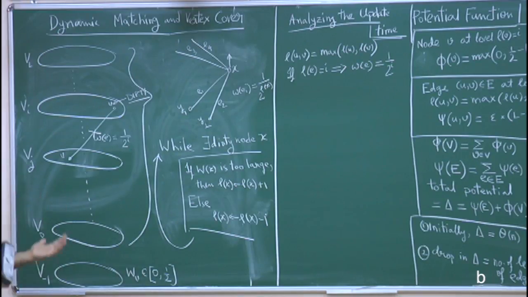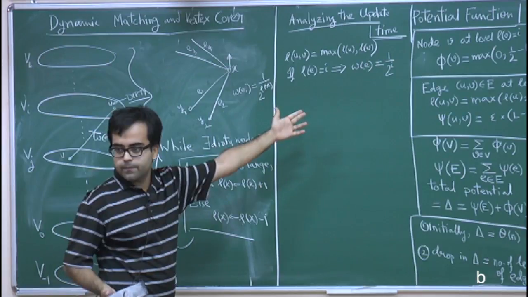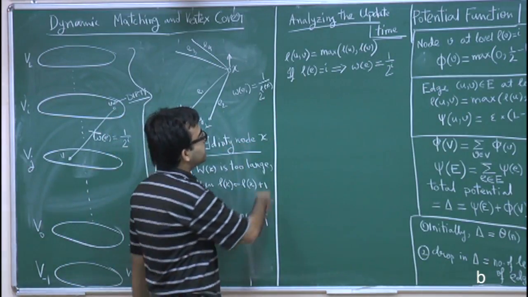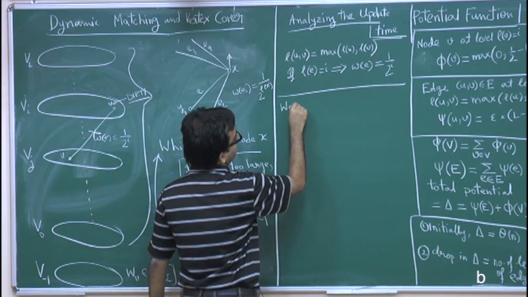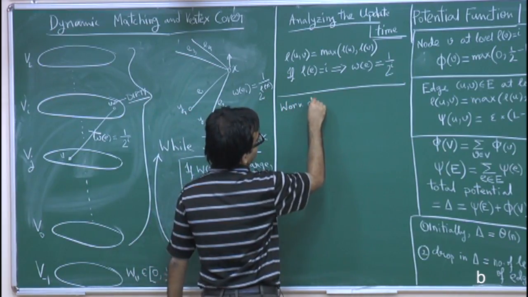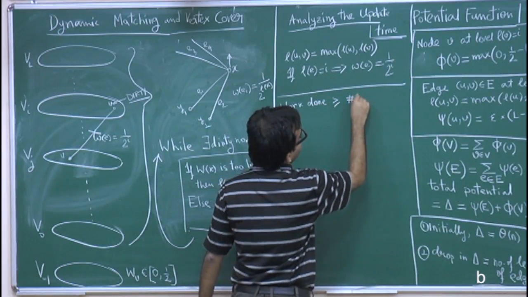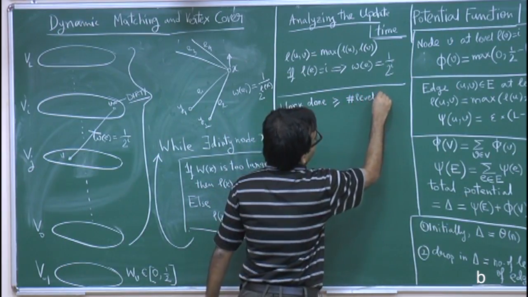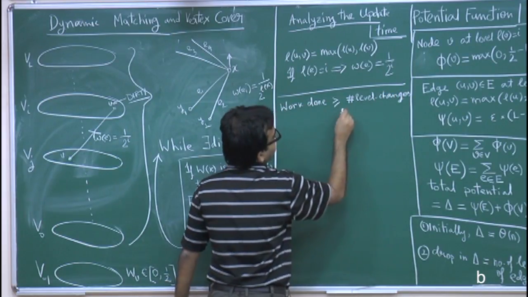And when does the weight of an edge change? When its level changes, by definition. So, basically we can say that the work done by our algorithm is at least the number of times the levels of an edge change, level changes of edges.